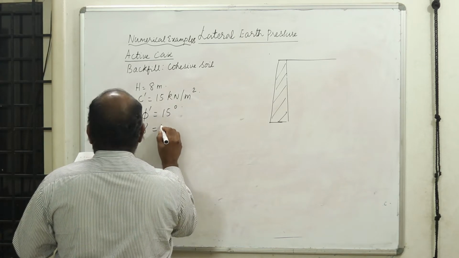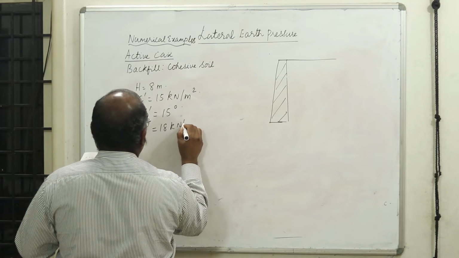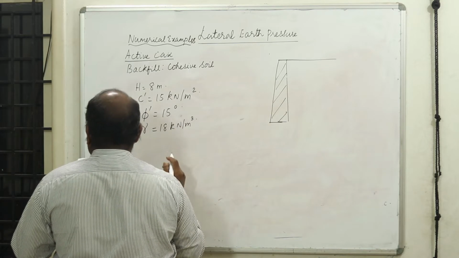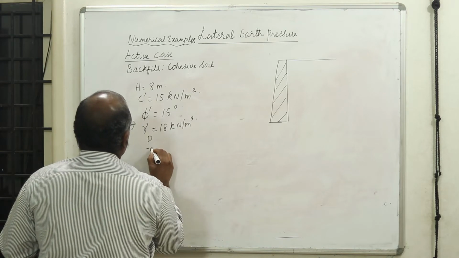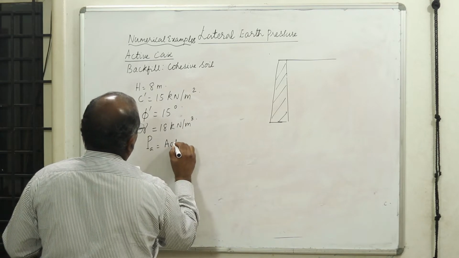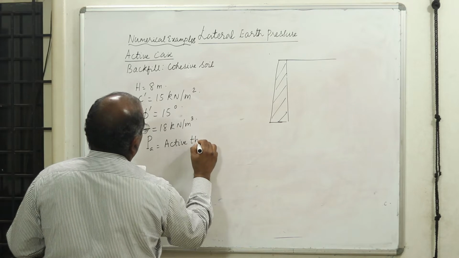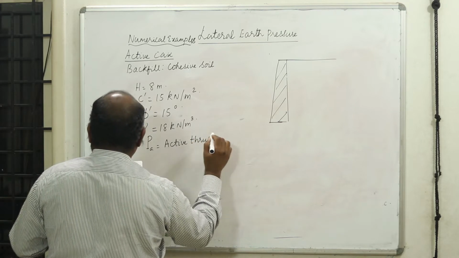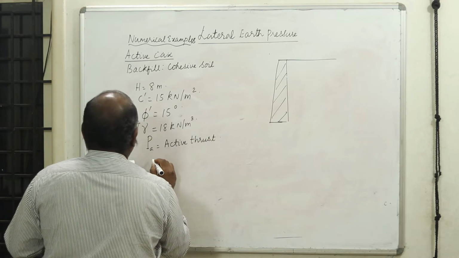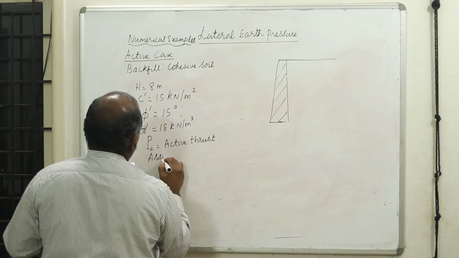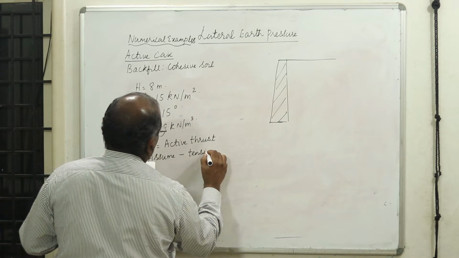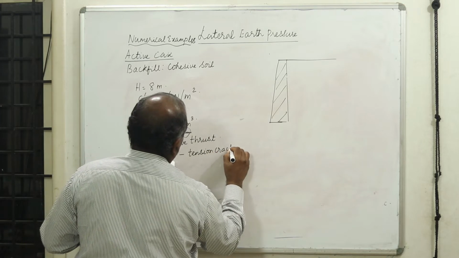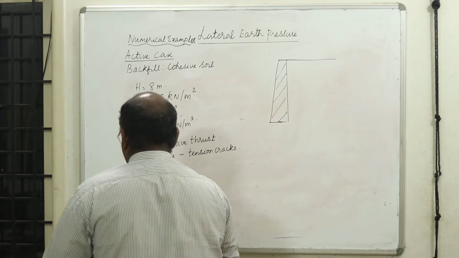The unit weight is given as 18 kilonewton per meter cube. It asks you to find the total active thrust on the retaining wall. Assume tension cracks are formed.